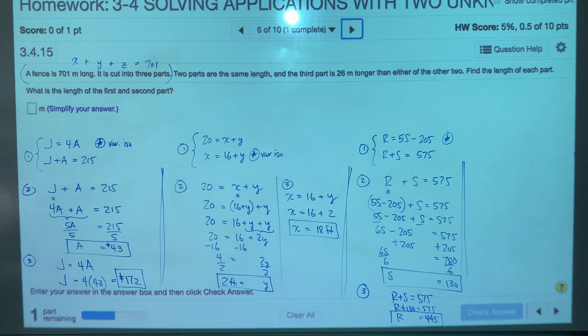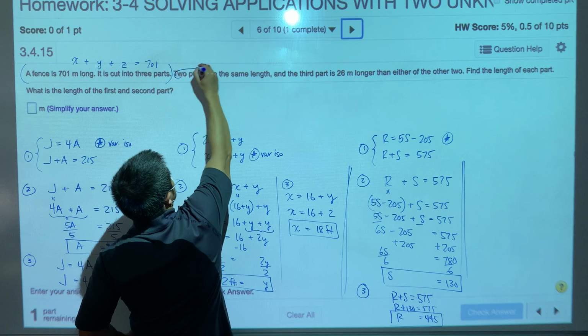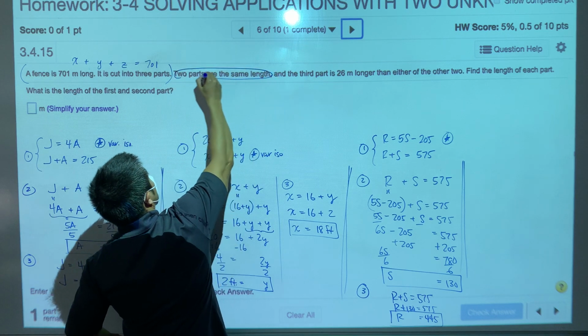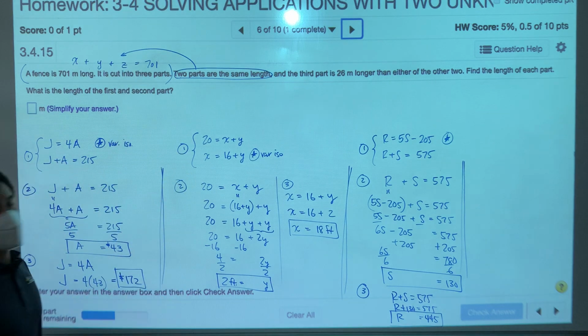You with me so far? 2 parts are the same length. Does that impact that equation? Yes.